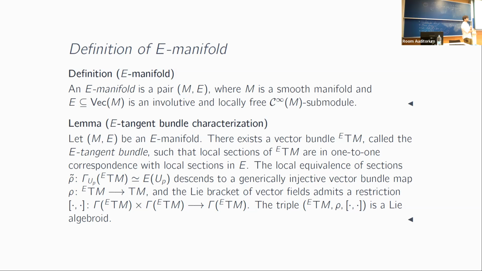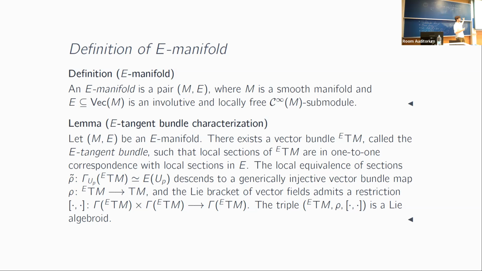Functions that vanish at the point, and it's the same thing. That remains constant. So is it the same as an algebroid anchor? With injective anchor. And this is the key point: the anchor is not injective, it is generically injective.